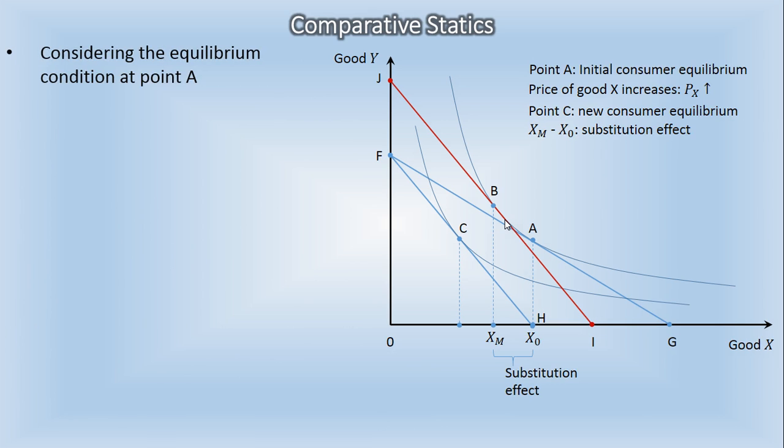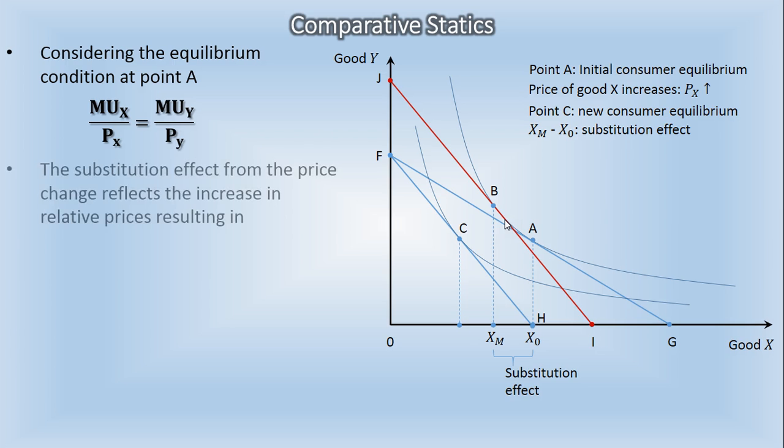Now, considering the equilibrium at point A again, we know that initially the marginal utility per dollar spent was equivalent across both goods. The substitution effect from the price change reflects the increase in the relative price, resulting in the marginal utility per dollar spent on good X being less than the marginal utility per dollar spent on good Y. So a dollar spent on Y will give her a higher marginal utility than X, so she wants to consume more of Y than X, and she moves away from this consumption bundle towards this one.